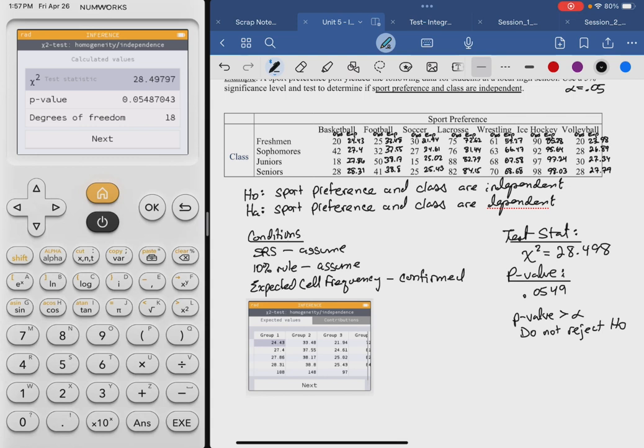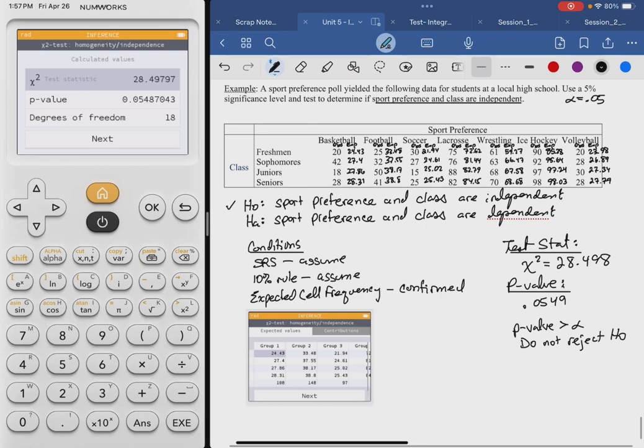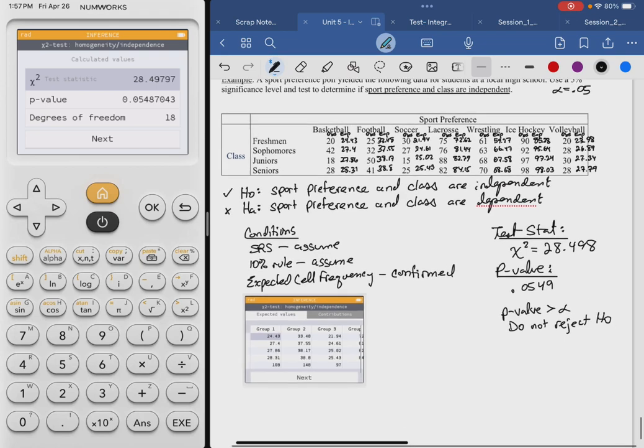So what we're looking for here is a determination of whether there's such a striking difference between not just one or two of the cells, the observed and the expected, but a good amount of them, to cause doubt on whether or not those variables are independent of one another. So do not reject the null, so we keep the null, ditch the alternative.